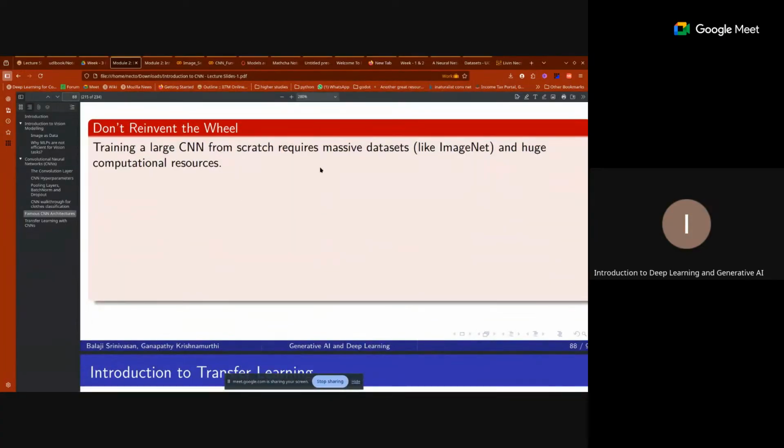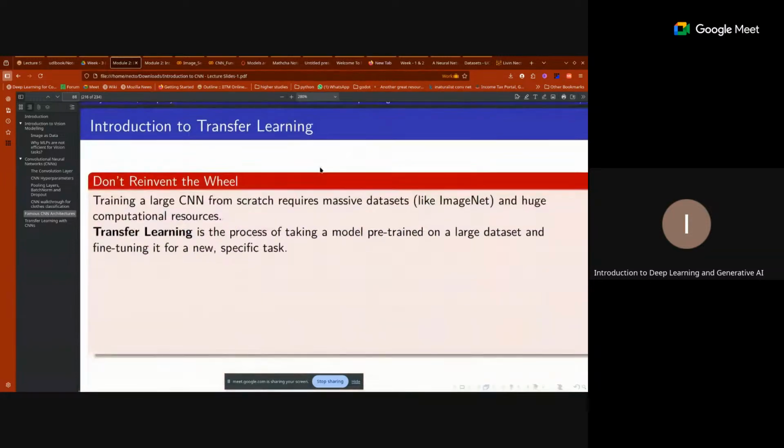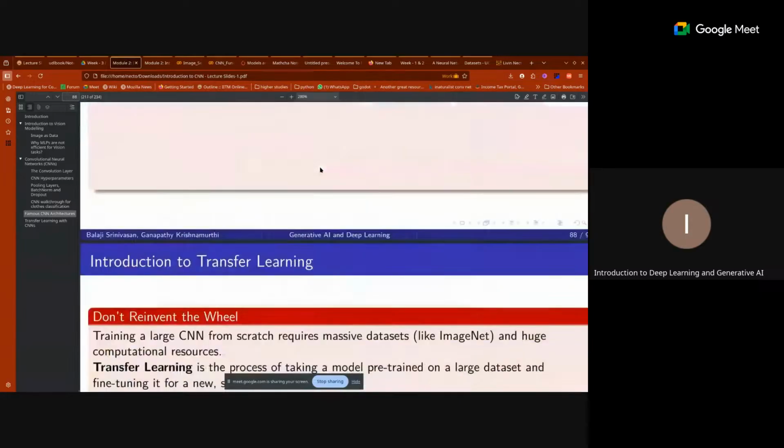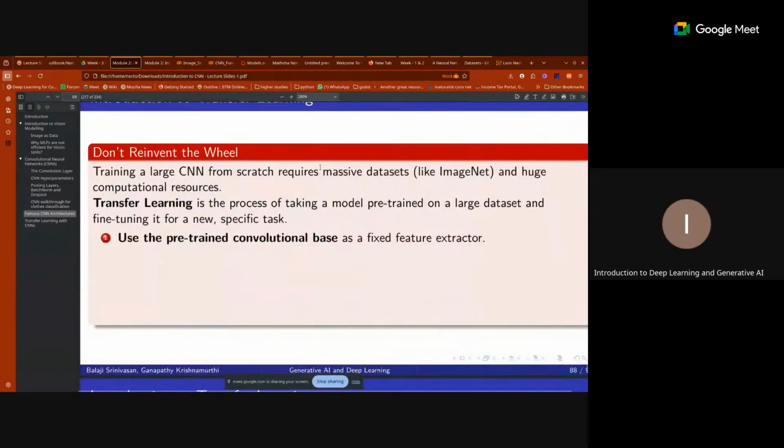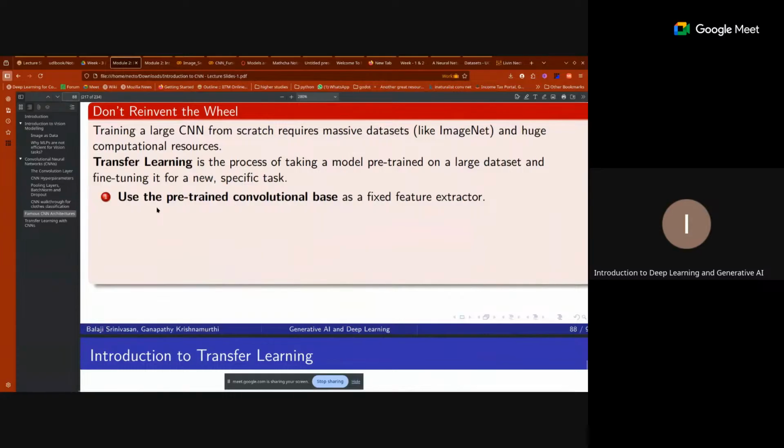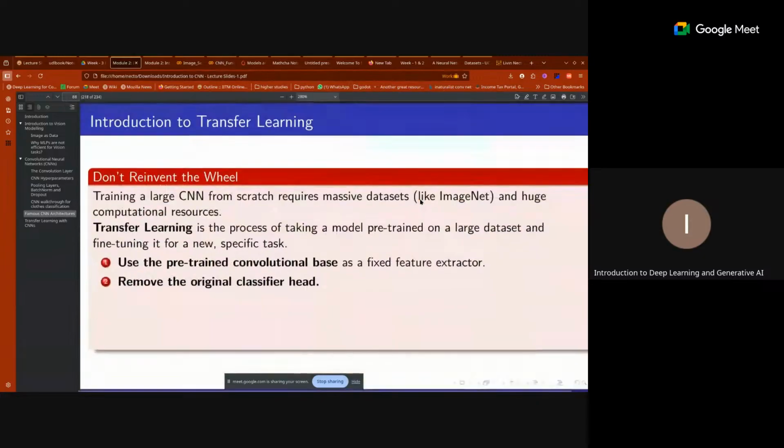So we have trained everything, and then we don't have to retrain for each specific task. We can use transfer learning. In CNNs, we take different approaches to transfer learning. One is a pre-trained convolutional base, or a fixed feature extractor.